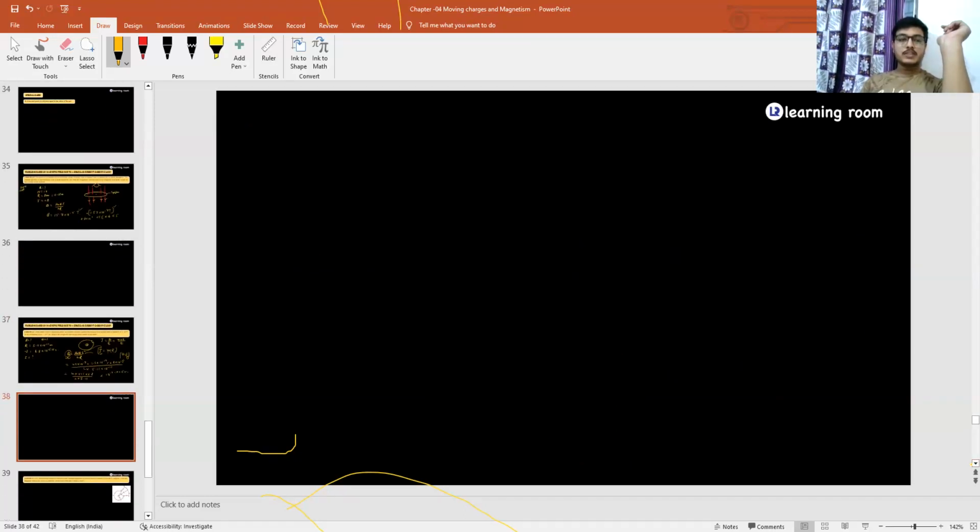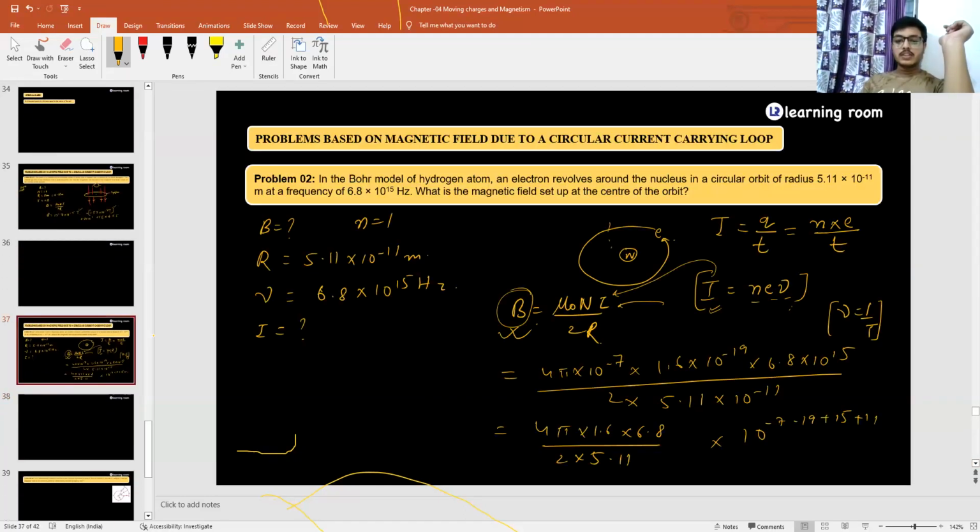How much are you getting for this numerical value? You'll get 10 to the power 26. So minus 26 and plus 26, 10 to the power 0 you'll get from here. So no 10 to the power will be there. Anything to the power 0 is 1.